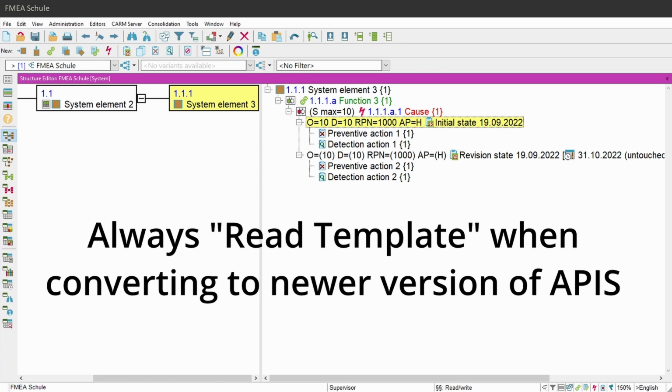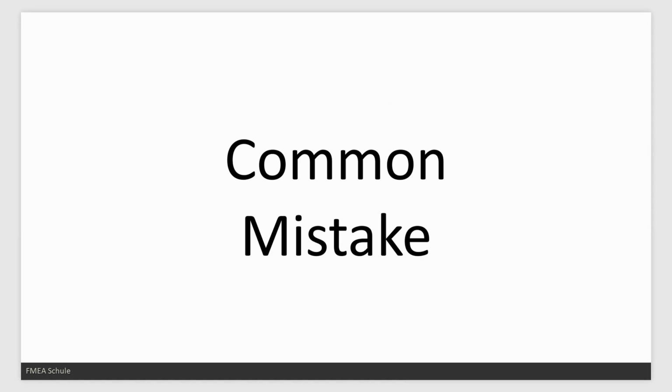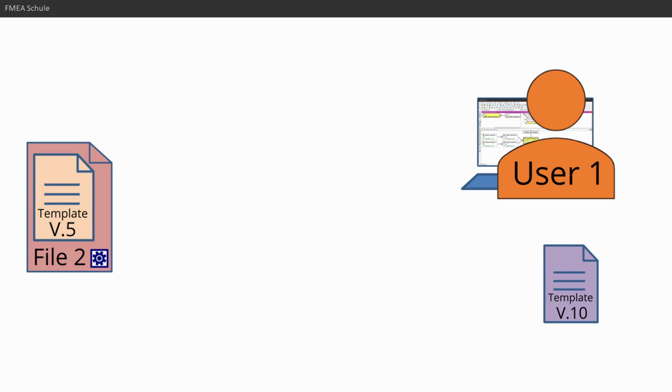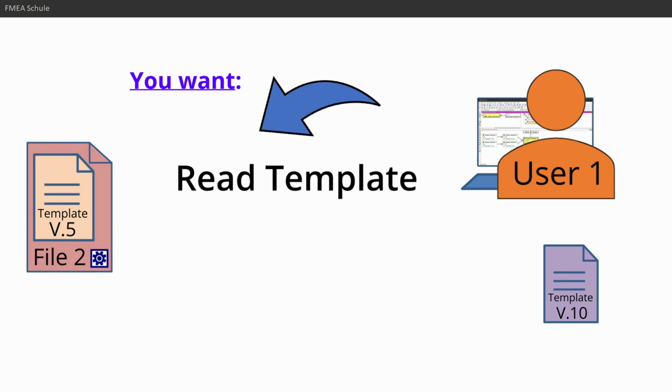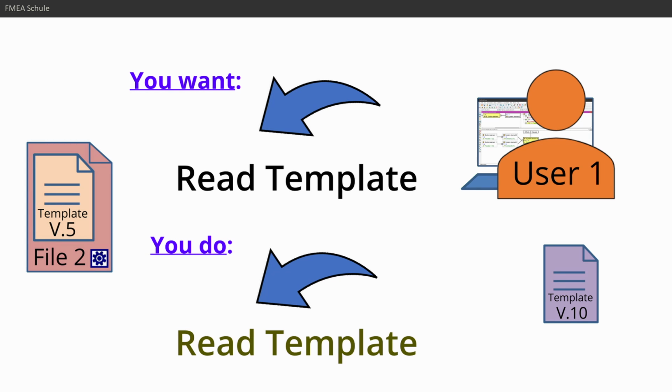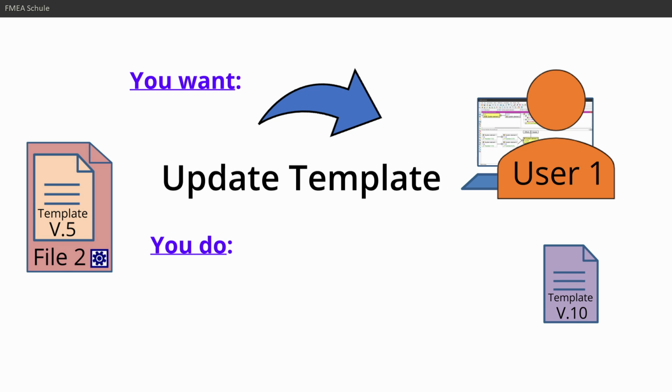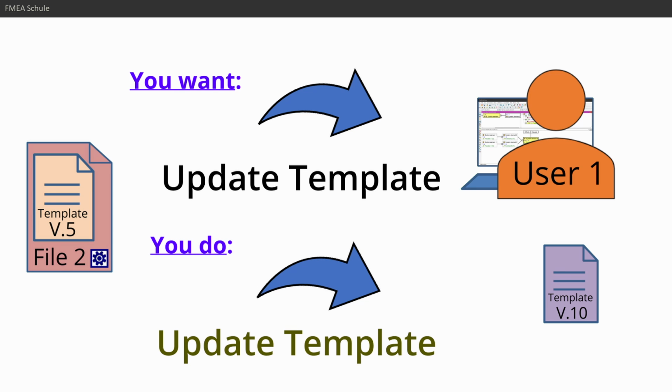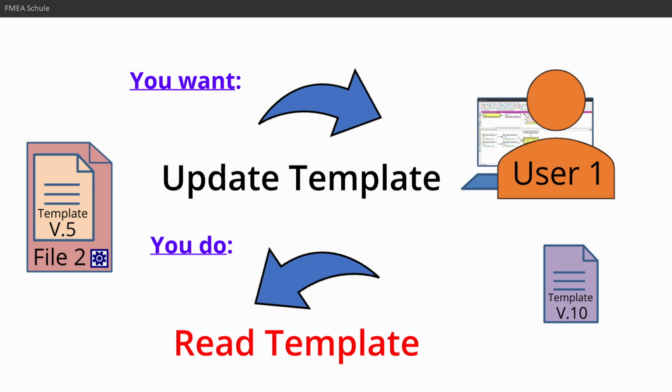And this I recommend always to do when you convert an old FMEA file into a newer version of APIS. Common mistake. As already explained, to update the template in the file, you use the Read Template functionality, and to update the template inside your software, you use the Update Template functionality, and the most common mistake people make is to switch these functions.